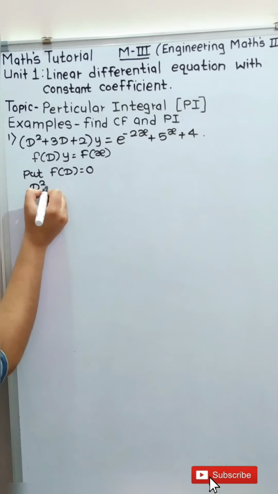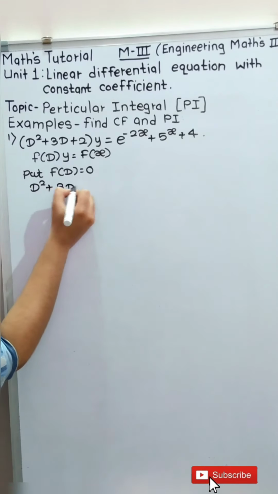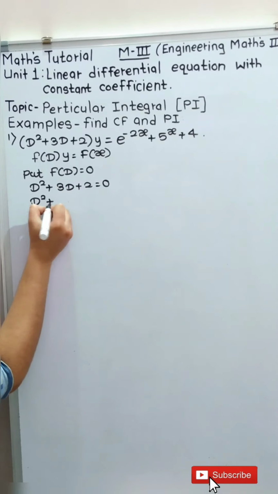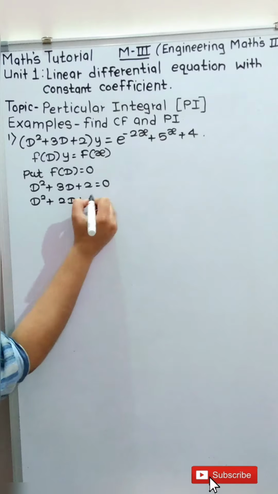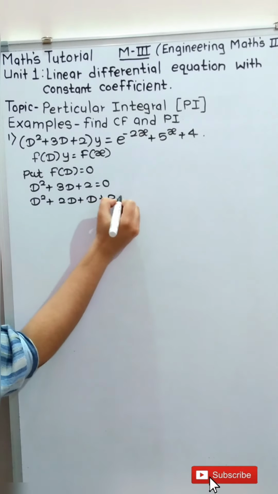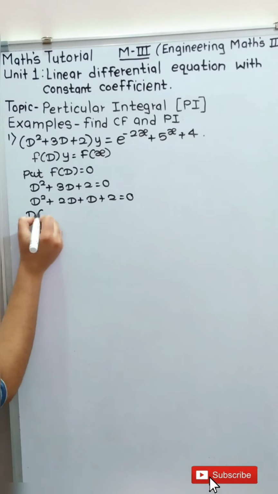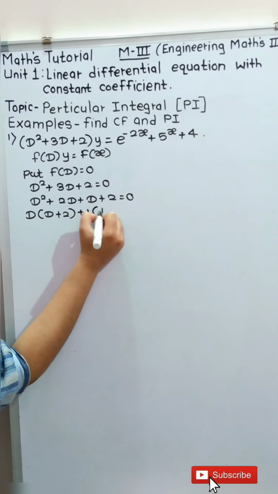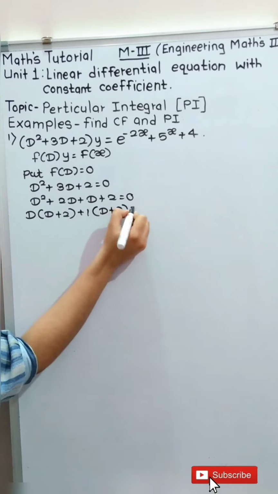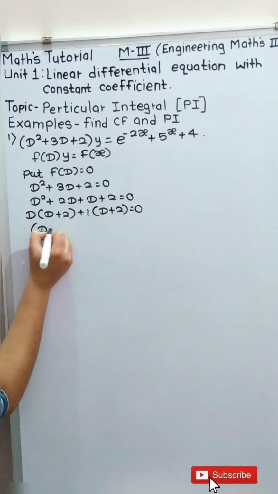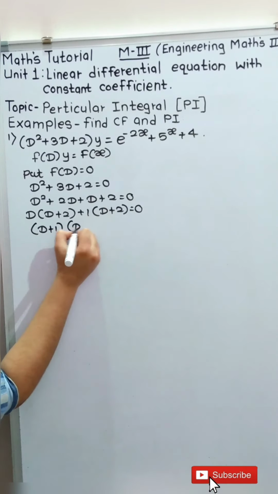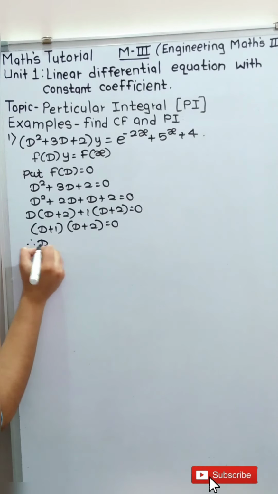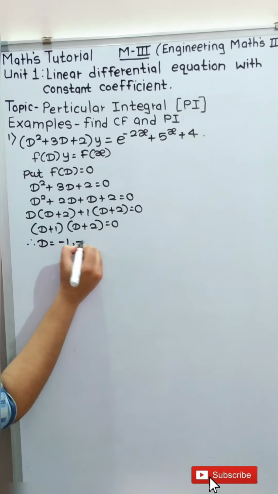So D square plus 3D plus 2 is equal to 0. D square plus 2D plus D plus 2 is equal to 0. So D into (D plus 2) plus 1 into (D plus 2) is equal to 0. So (D plus 1) into (D plus 2) is equal to 0. Therefore D is equal to minus 1 and minus 2.